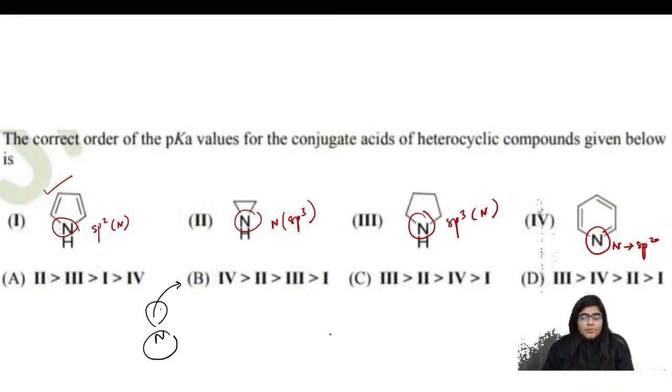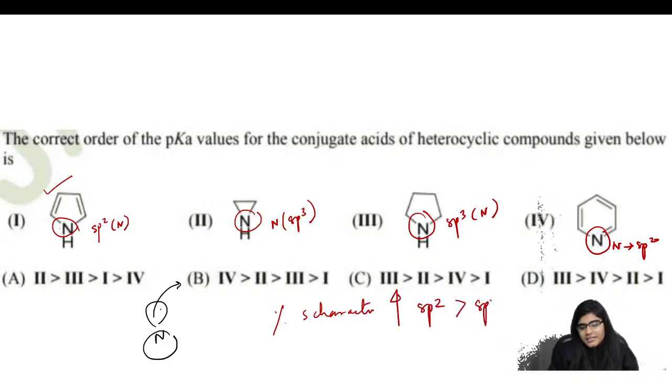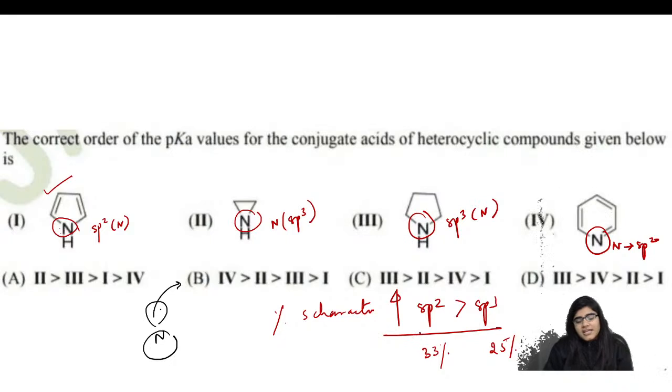So we are going to compare percentage S character. Definitely percentage S character would be more for sp2 than sp3. Approximately percentage S character is 33% over here, and over here 25%. If percentage S character is more, this means the tendency to donate lone pair of electrons decreases.